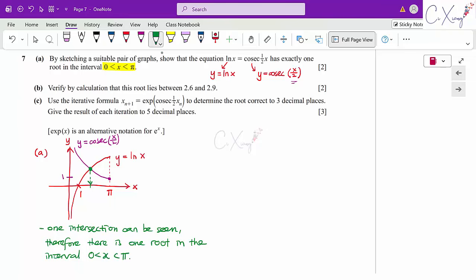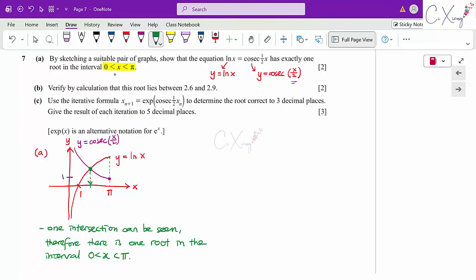So basically this is how we get the graph and then how we show it. Of course, you need to make sure that you mention that there's only one intersection point. Therefore, there's only one root in this interval. Alright, so this is what we have for part A.